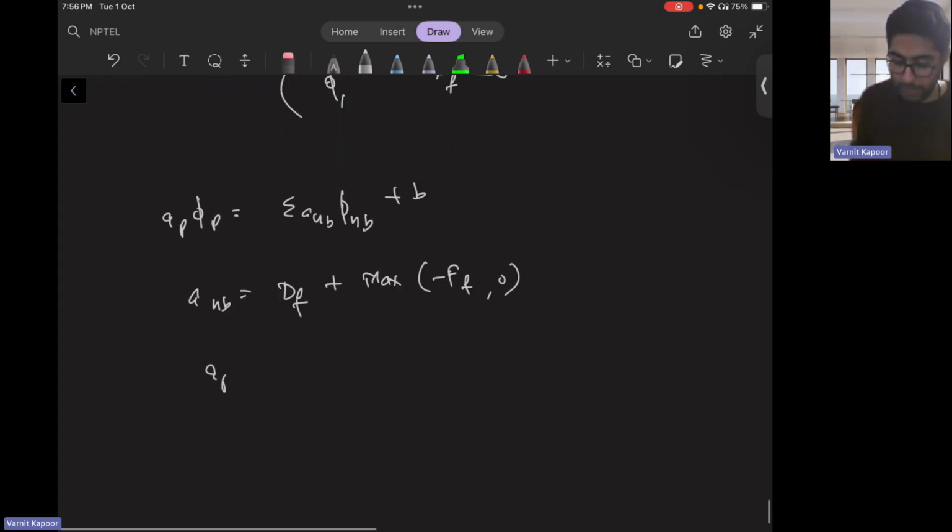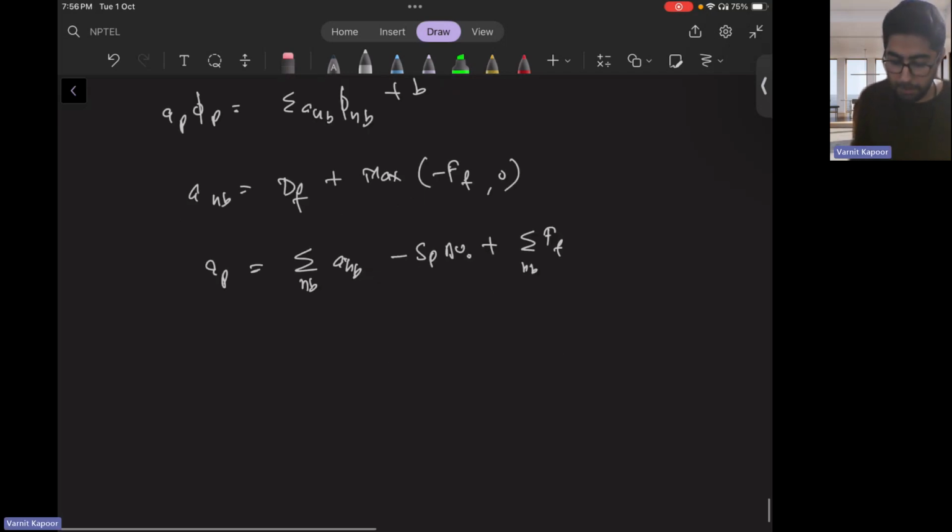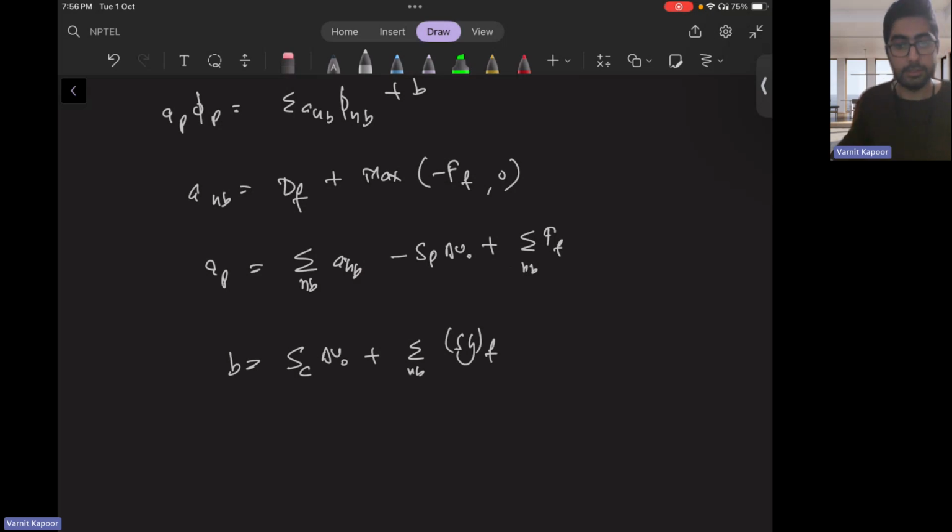Your aP will be summation of aNB minus SP delta V naught plus summation of F f, all the neighboring values. And your b will be SP delta V naught plus summation of NB secondary gradient faces.